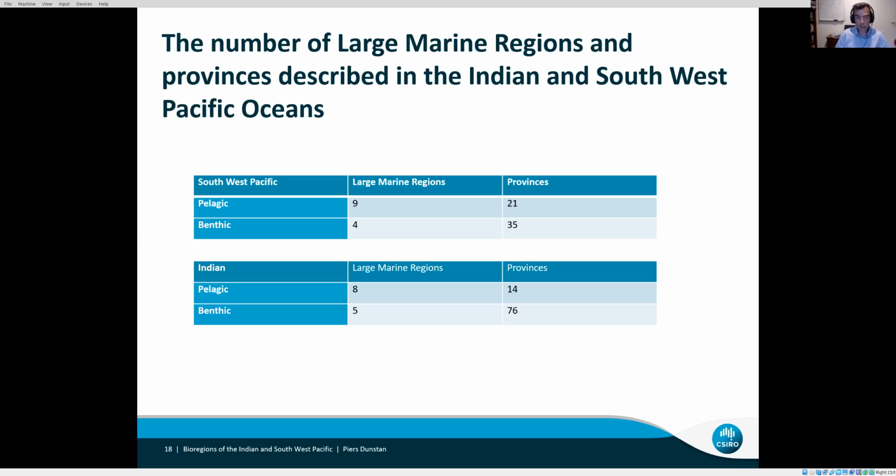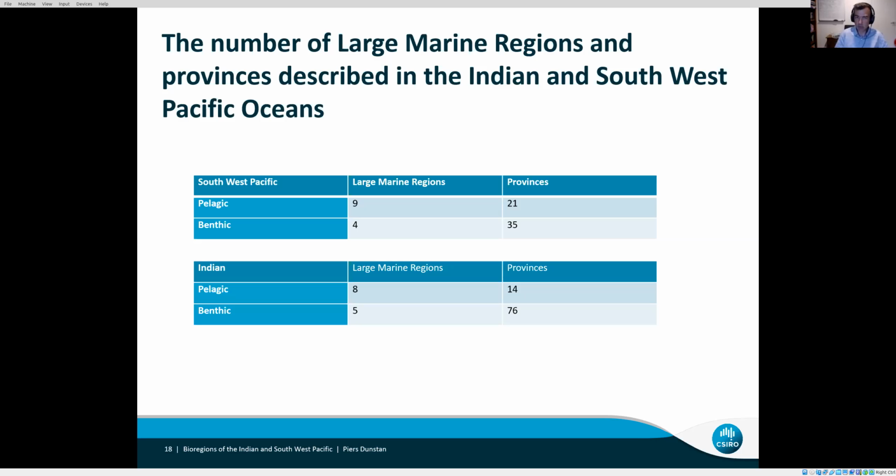The Indian Ocean shows similar sorts of dynamics to a certain extent. We have 8 pelagic large marine regions and 14 provinces. And in the benthic, we have 5 large marine regions, but we have 76 provinces. A real reason for this is that we're dealing with two continental boundaries for the Indian Ocean, whereas in the Pacific we only dealt with 1 continental boundary.